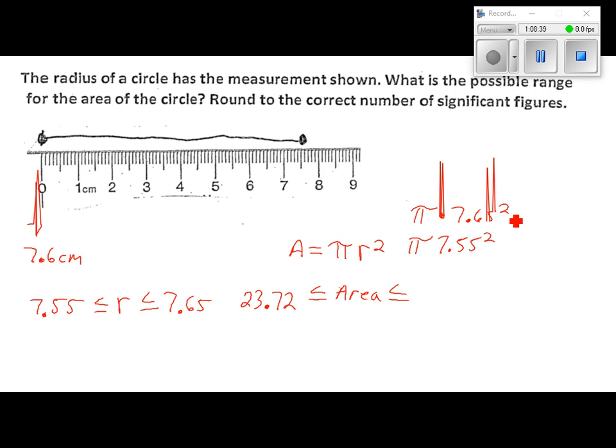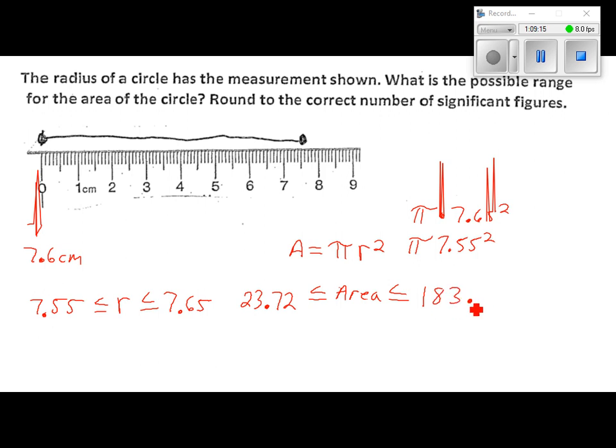Pi times 7.65 squared. Anybody going to help us out so we can finish up? Because I think this is the last thing. 183.85. Say it again. 183.85. I messed up the first one. I didn't square it.